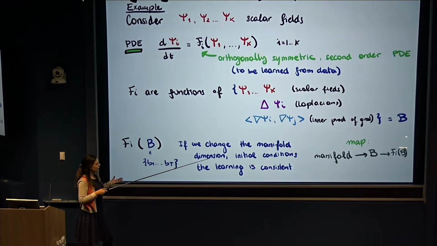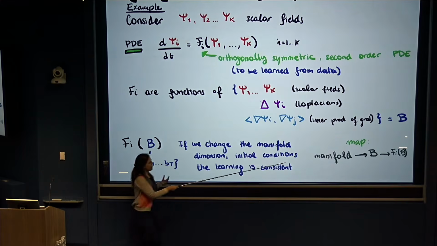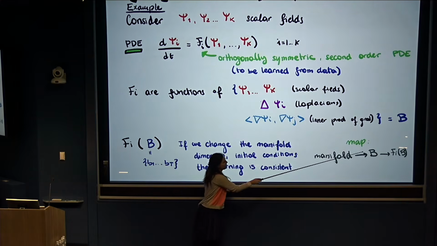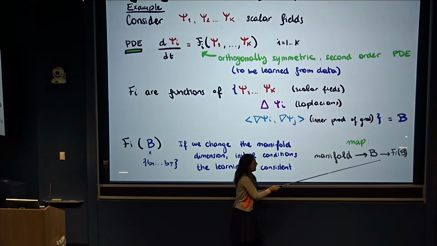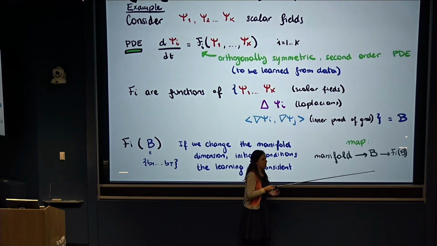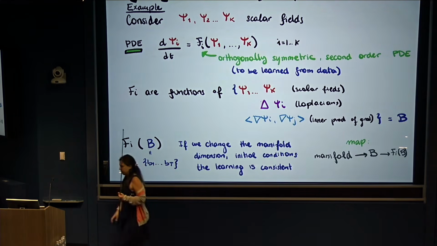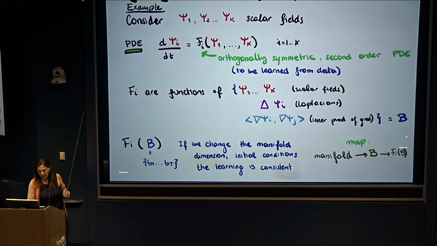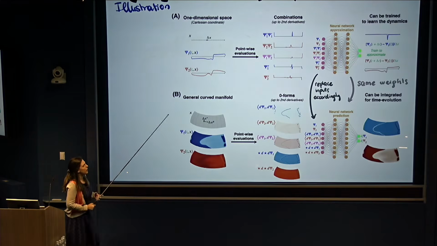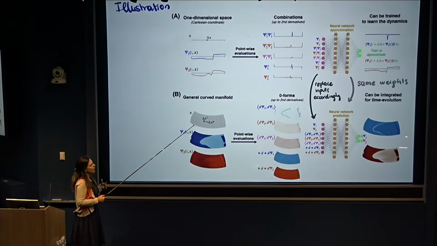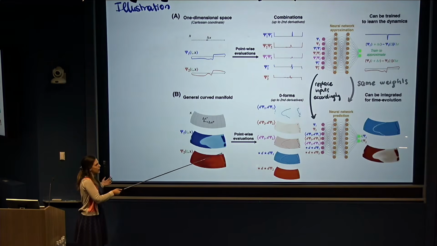If I change the manifold, the different manifolds would give you different basis elements. But the function that I learn is here. So the function that I learn can generalize to other manifolds. Does that make sense? And so we have some illustrations where we learn some differential equations in dimension 1 and then generalize to other dimensions with other geometries.